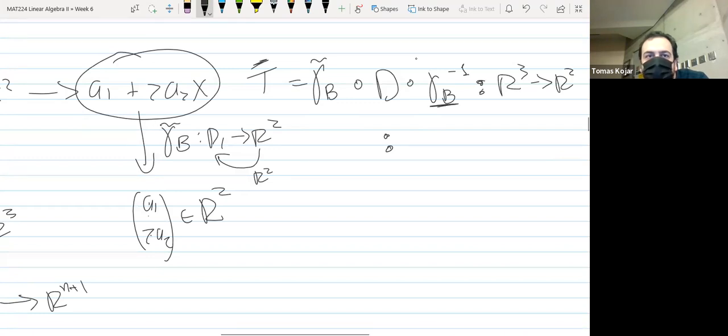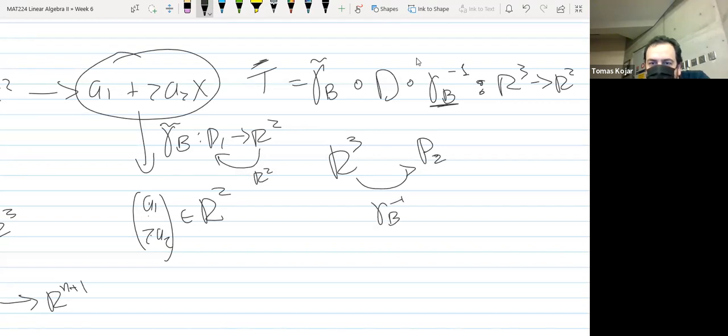This guy takes R3 to P2. This is gamma B inverse. The derivative takes you to P1. And gamma tilde takes you to R2.